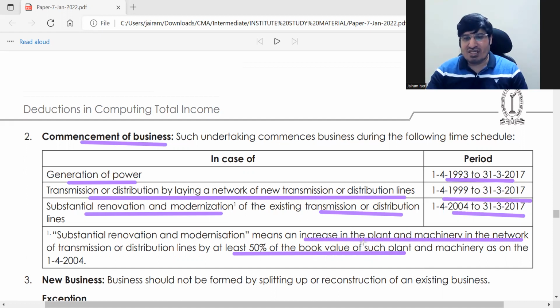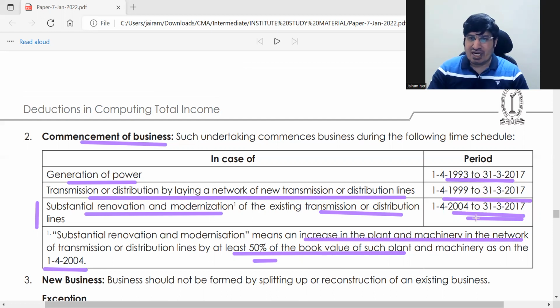Okay. And what is the start date from which you will reckon this 50%? This is 1/4/2004. Okay. So starting from 1/4/2004, anytime before this end date, 31/3/2017, if you have added about 50% more book value of plant and machinery in the lines, then you will get this deduction on this point.